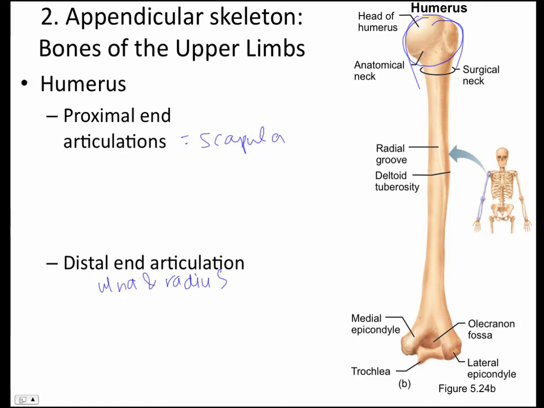So it's different with where they articulate. The trochlea here, trochlea is going to actually articulate with the ulna. Trochlea of the humerus.